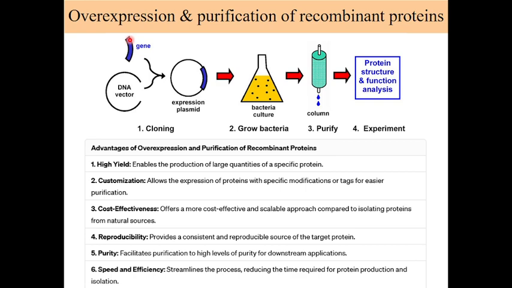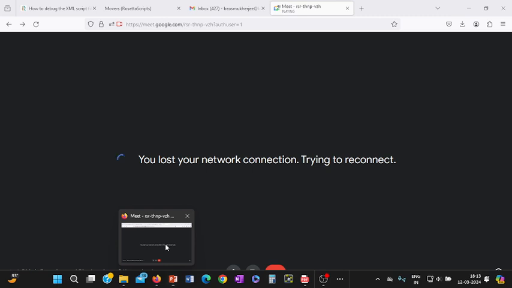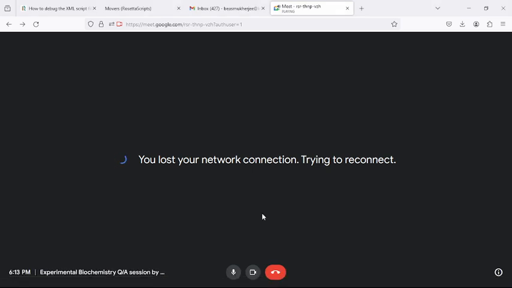That means it has been modified using genetic engineering, and certain sequences are added into it, certain unnecessary DNA sequences are removed from it, and that is how we get an expression vector. Okay, so here they have actually made the expression vector and expression plasmid sound synonymous.